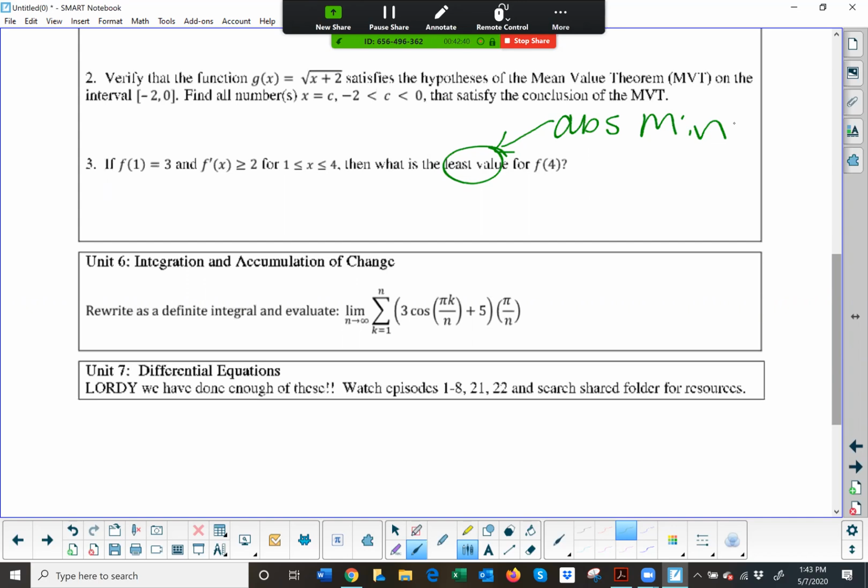That would be the smallest possible one. I kind of think that's what I would do. F prime of x is equal to 2. That would be its least slope.